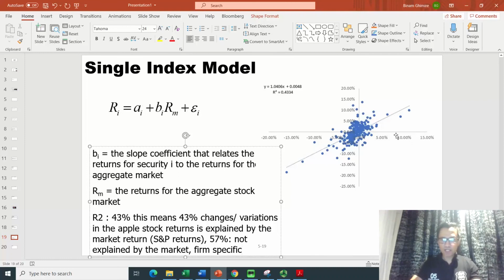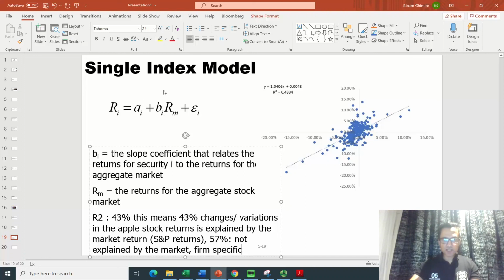So when the market is neutral, which means when it is 0, what is alpha? Here, the alpha is 0.0048. So that is the value being added. Sometimes it is also referred to as something that explains the skills of the asset manager who is managing the asset. So that can be explained in terms of expected return, that is alpha.